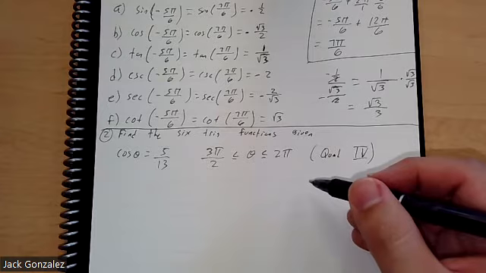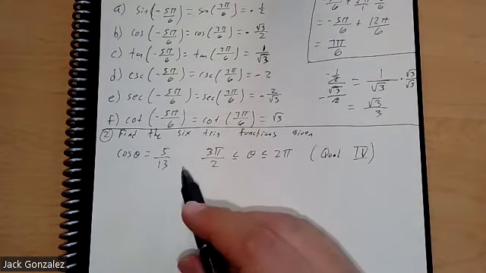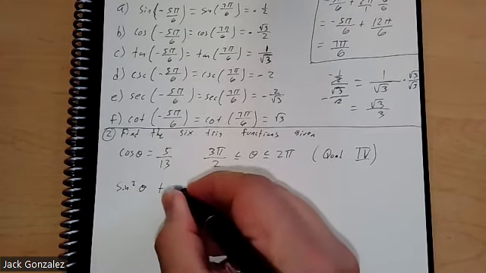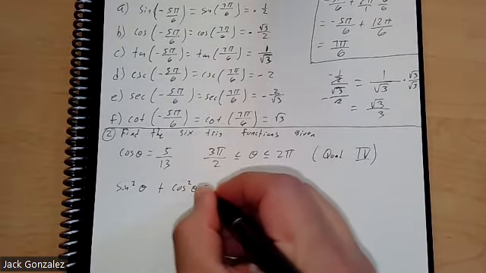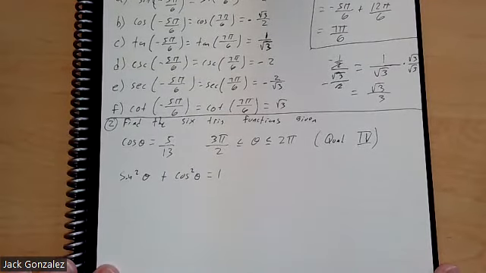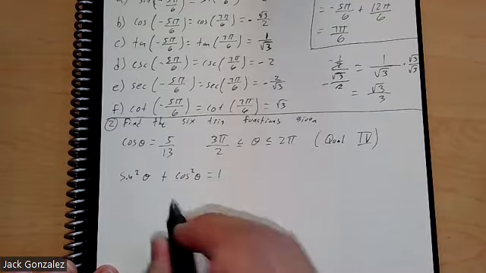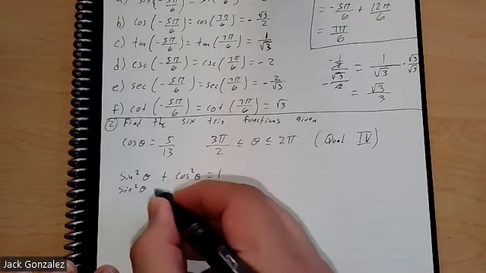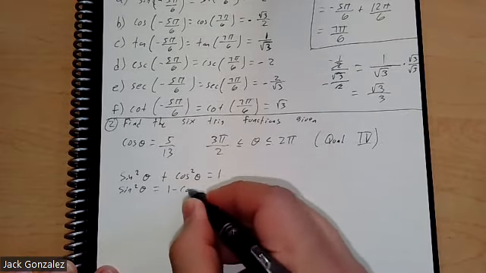You could use triangles to solve this, but in this section they use the formula, right? So solve for sine. You do it in general and then just plug it in. So if I subtract cosine squared, I would have 1 minus cosine squared, right?